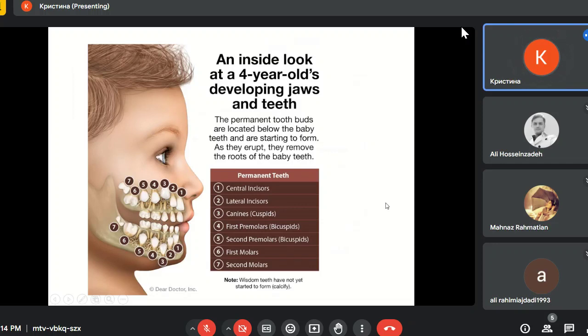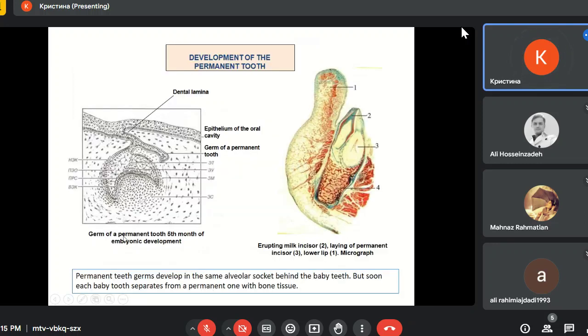So if you look at the child at 5, 6 years old, he can have up to 52 teeth. 20 are seen in the oral cavity and others permanent are hidden inside the jaws.